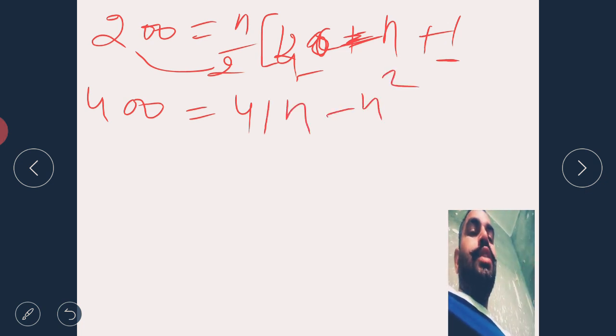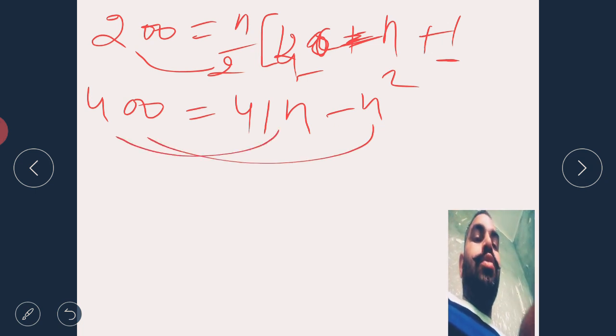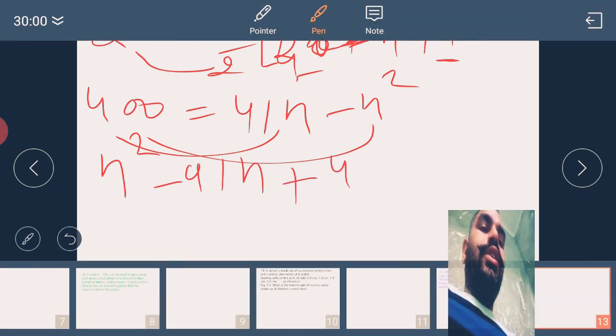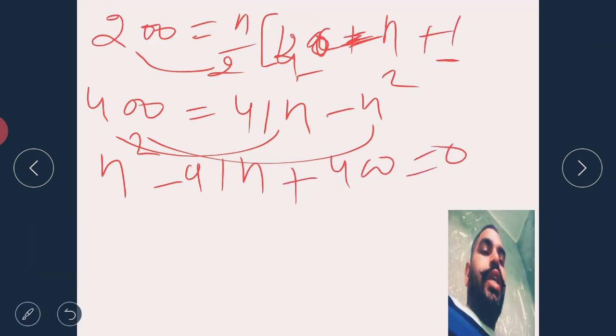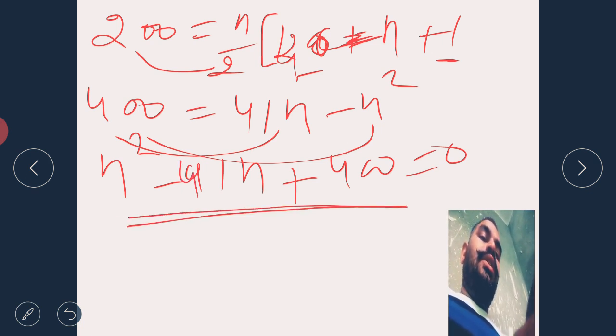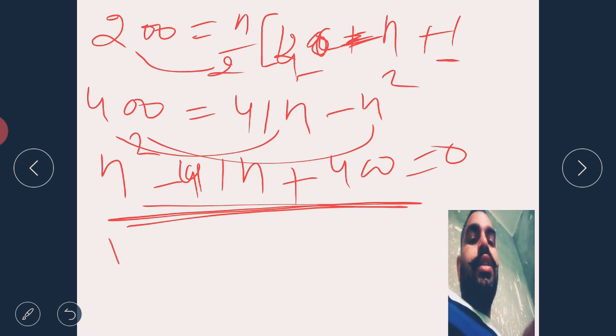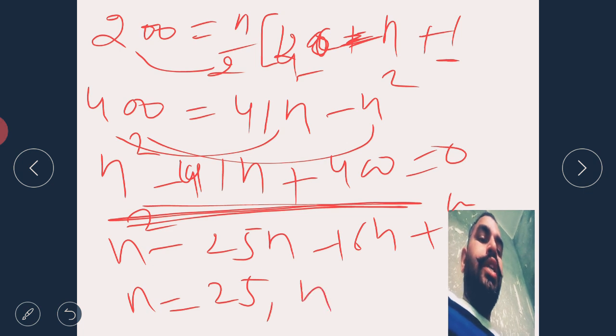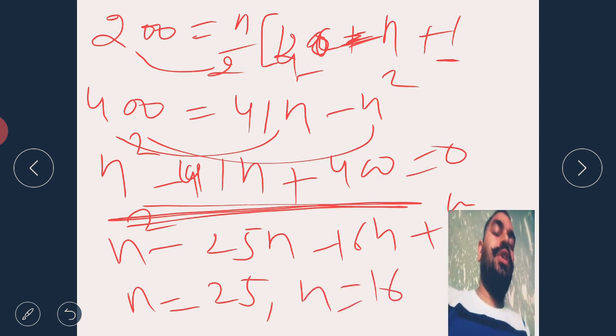And if we transpose both this, n square side, then n square minus 41n plus 400 is equal to 0. And if you factorize it, n square minus 25n minus 16n plus 400, and then n is equal to 25 and n is equal to 16 we got.